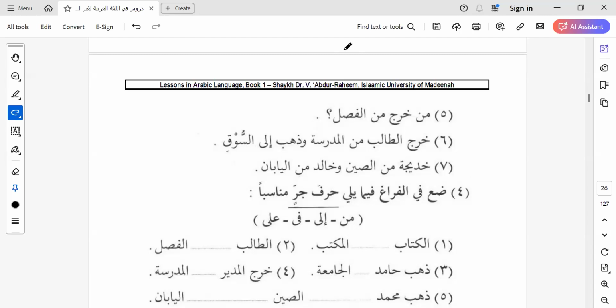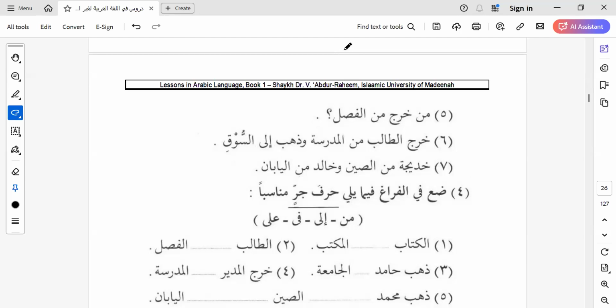Okay, maf'ulun bihi. Is it maf'ulun bihi? And what's the case? If it is in the accusative case, what do we call it in Arabic? Mansub, right? And if it is the nominative case, what do we say it is? Marfu.